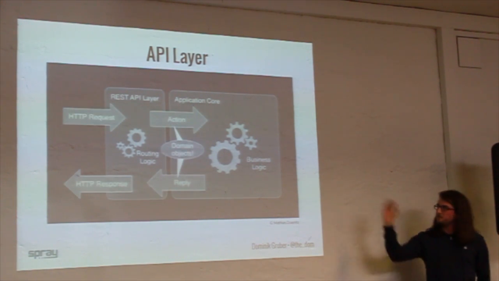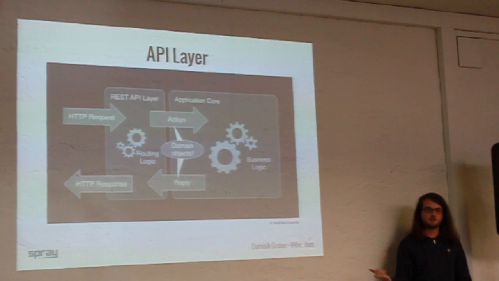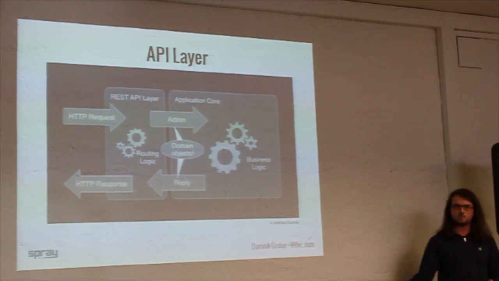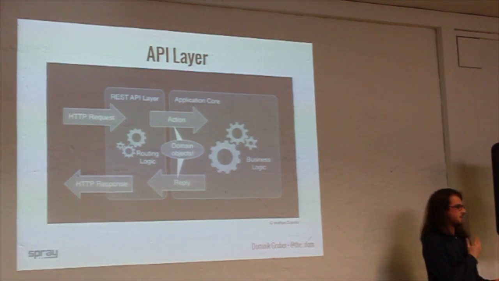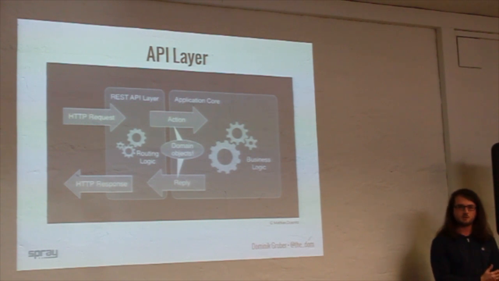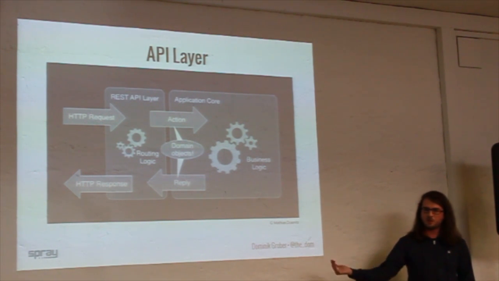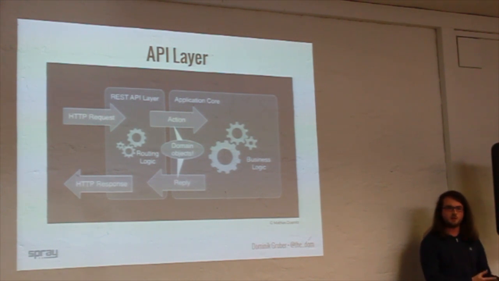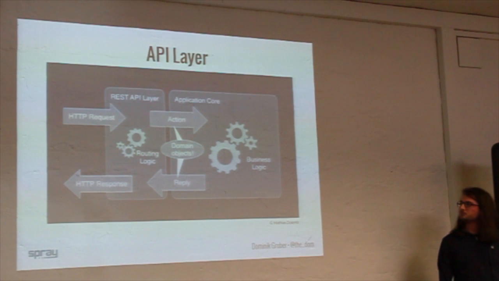Because Spray takes an HTTP request and then communicates with your application through domain objects. So no HTTP request should go directly into your application, but Spray should be responsible for translating HTTP requests to domain objects to communicate with the application. Then the application communicates back to the Spray layer, and the Spray layer then answers with an HTTP response.